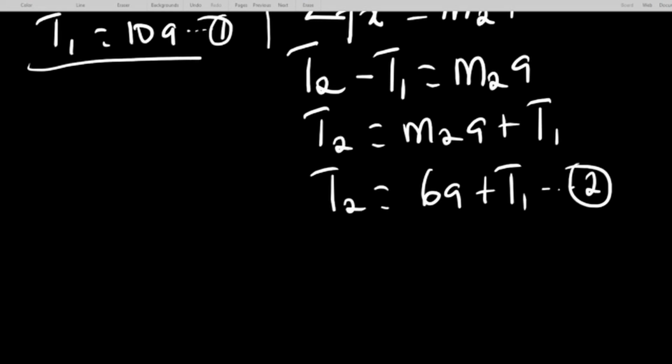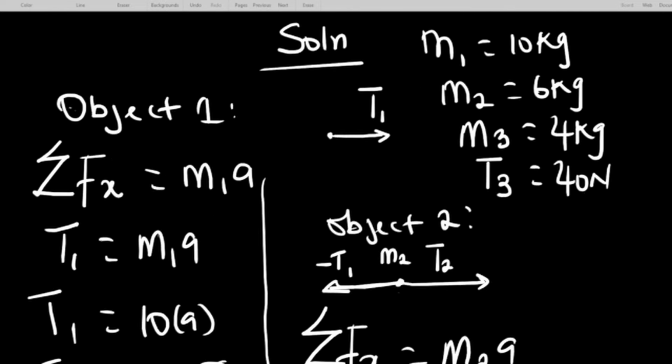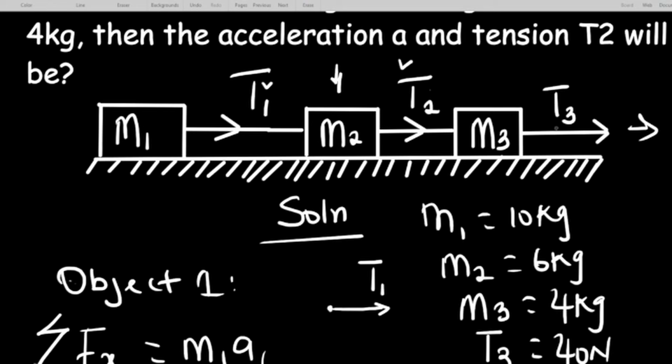Let's now look at object 3. We also represent that by a dot. And then our object 3, which is M3, you can see here that T3 is pulling to the right. Again, we have negative T2 because at the center we have M3, which is object 3.